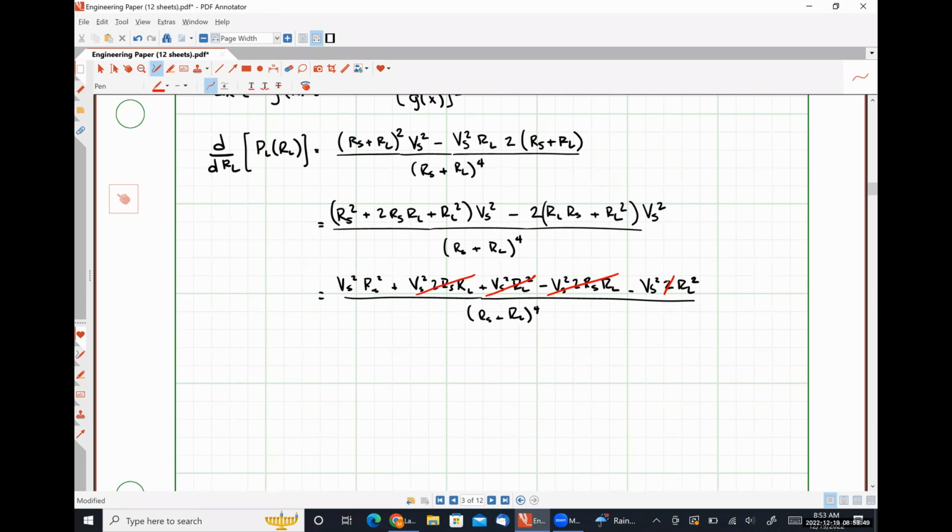Nobody is saying that I screwed up. So, yes, ma'am. And the step above that, we got RL squared. Where did you get RL squared from? Which of the two RL squareds? The one on the left or the one on the right? Right.